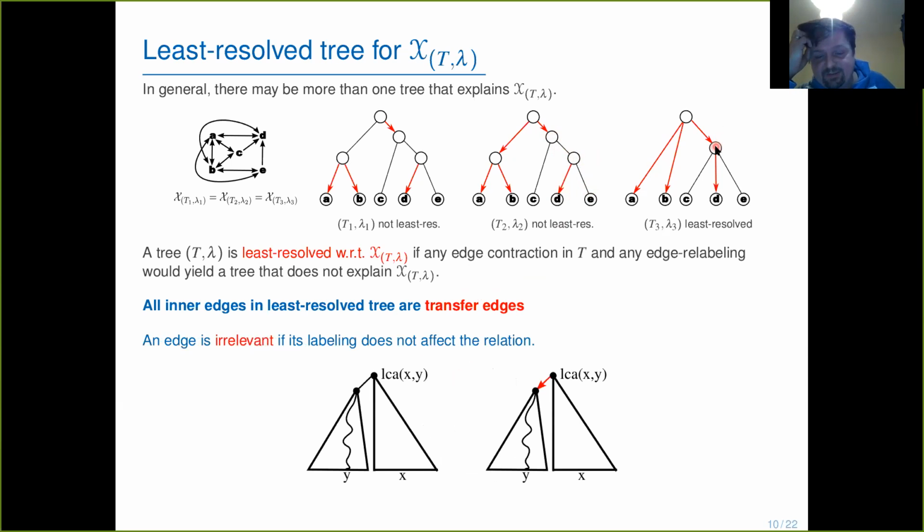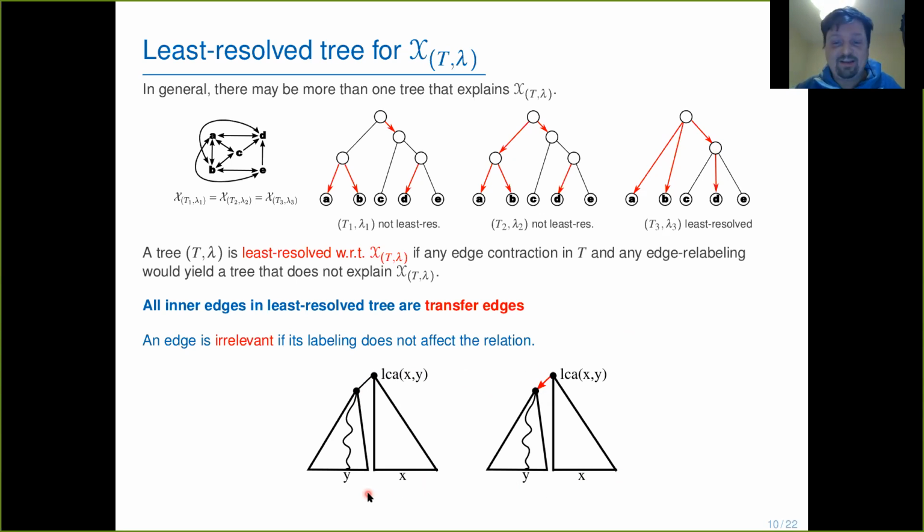Now, the second important thing we need to know is when an edge is irrelevant. So an edge is simply irrelevant if its labeling does not affect the relation, right? So if I have an inner edge that I can relabel to a non-transfer edge, and it still gives me the same relation, then I can also contract this edge.